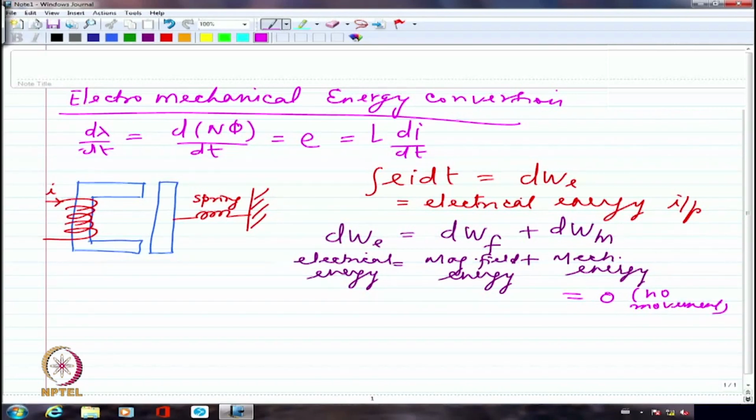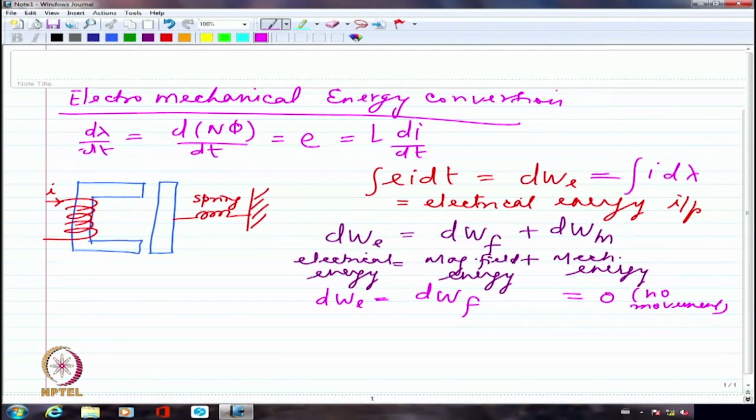So, I will have dWe equal to dWf, and that is what we wrote as, rather than writing EI dt, I can write the same thing as integral of I d lambda, because d lambda by dt I can call as E, because of which I can say E dt is equal to d lambda.